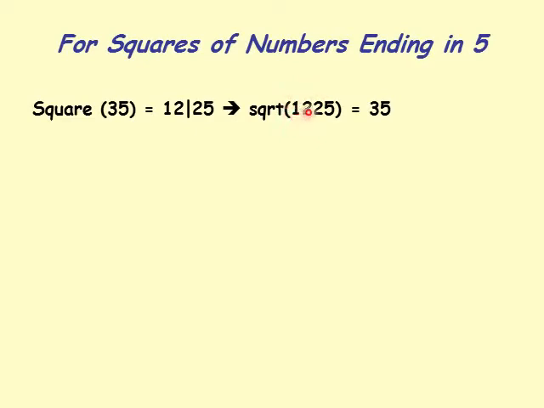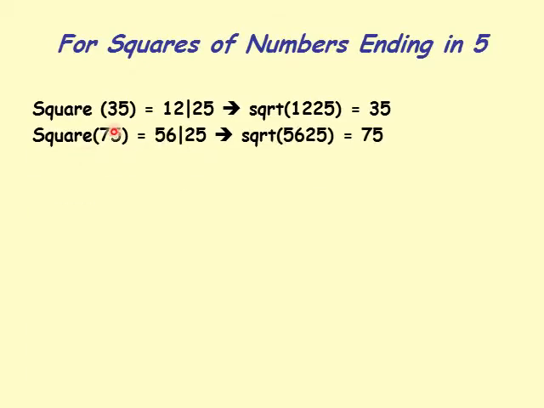If we can find two factors of the type n times n plus 1, we know that n is the digit on the left. So 12 is equal to 3 times 4, so the square root is 35. 3 is the smaller number and 4 is one more.